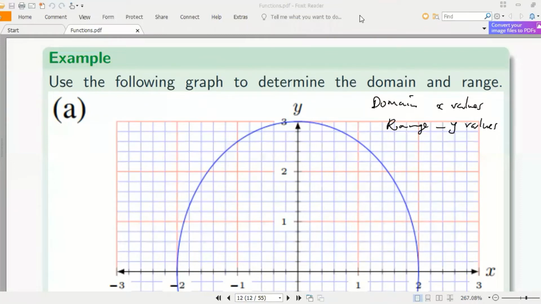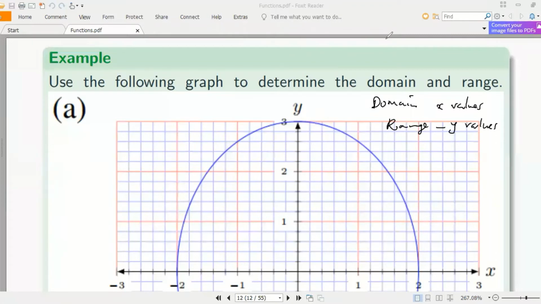We will say that the domain means the x values and the range means the y values. So if you're given a graph like this and you're asked about the domain, just give us the x values, and for the range, you give us the y values.